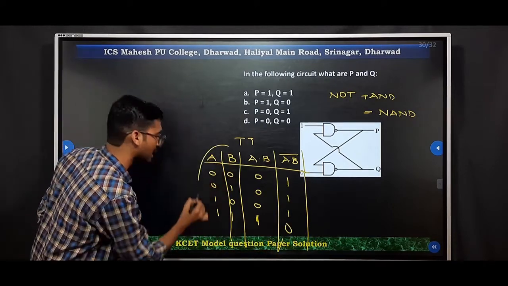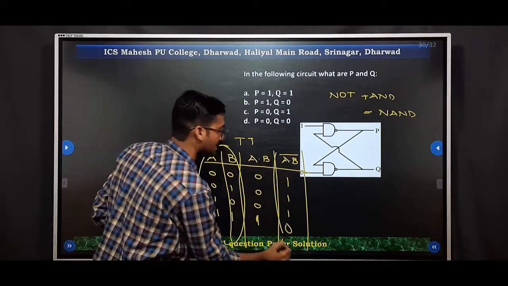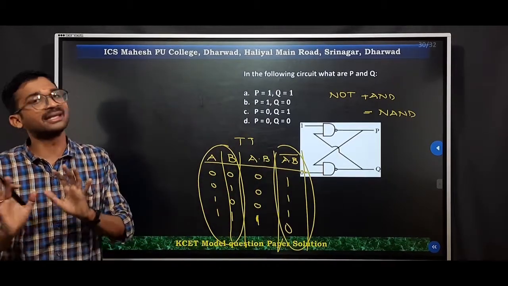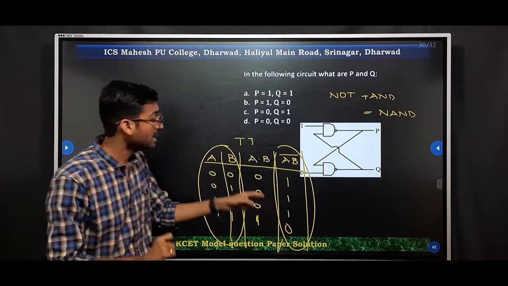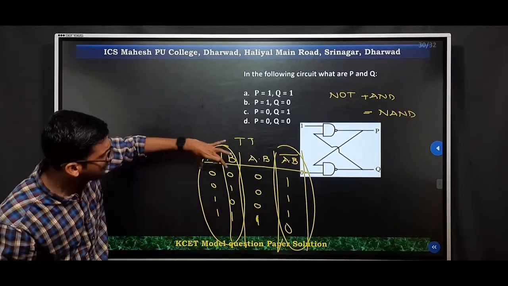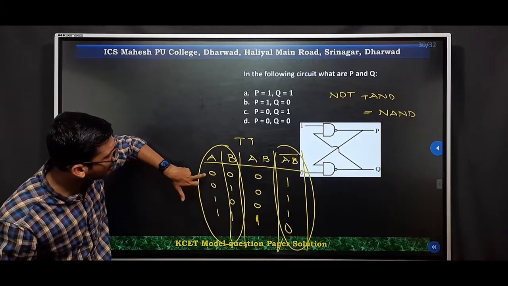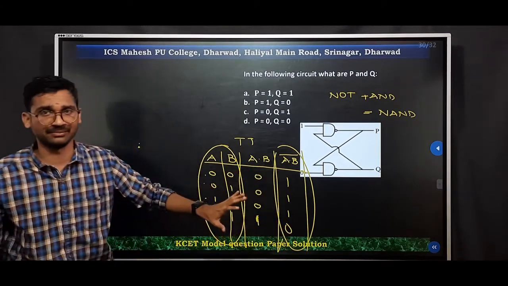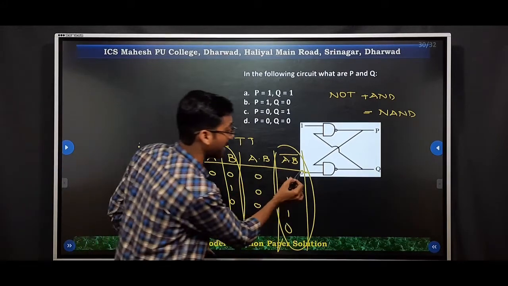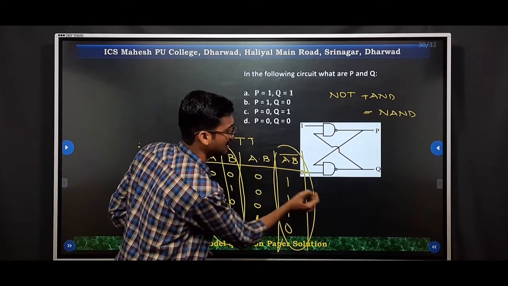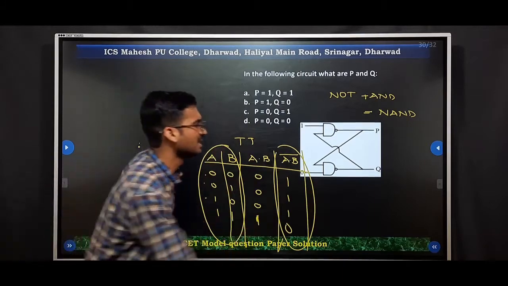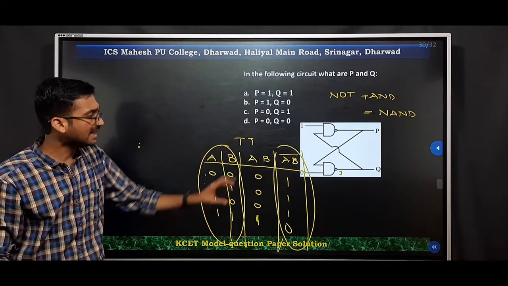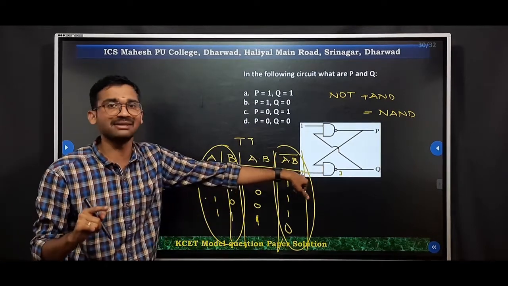If I check this table and that table, that gives us the truth table for the NAND gate. Now, keenly observe: if any one of the inputs is 0, the output is high. If we have 0 here, then there is no doubt that our Q value must carry 1. Any data we can put in the other input, because we already have 0.